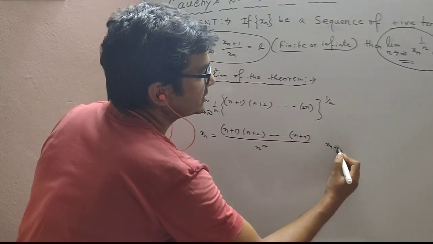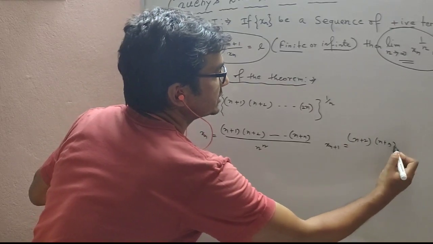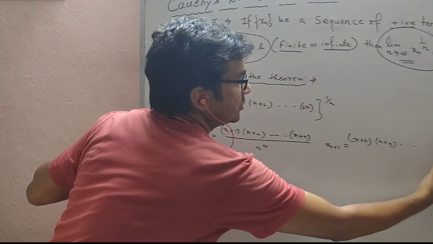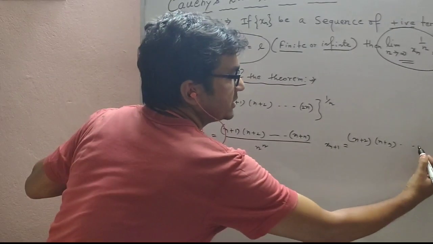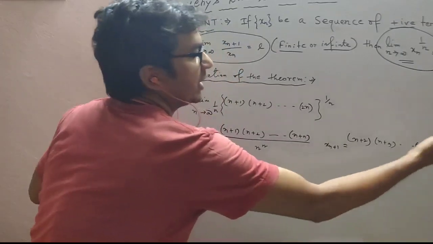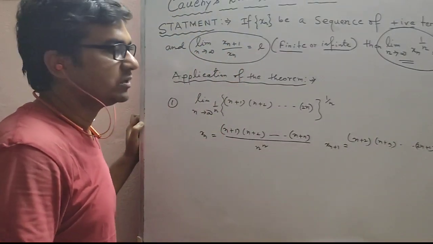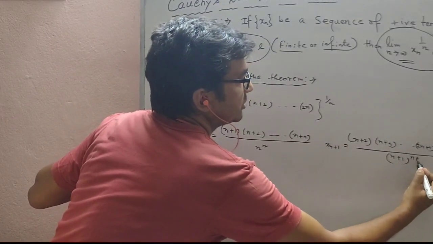Then xn plus 1 equals (n plus 2)(n plus 3) up to 2 into (n plus 1), obviously 2n plus 1, and after that 2 into (n plus 1), by (n plus 1) to the power n plus 1.